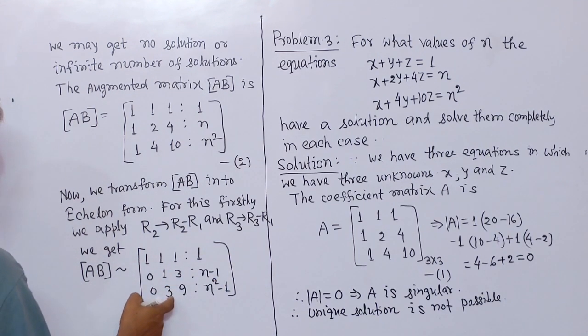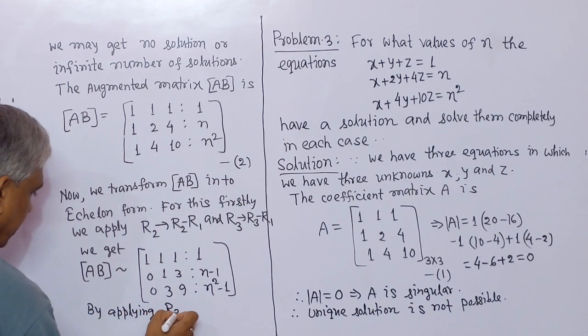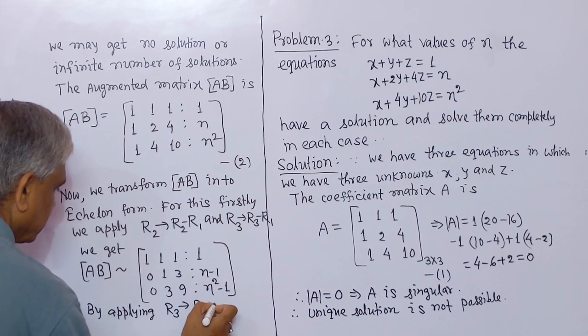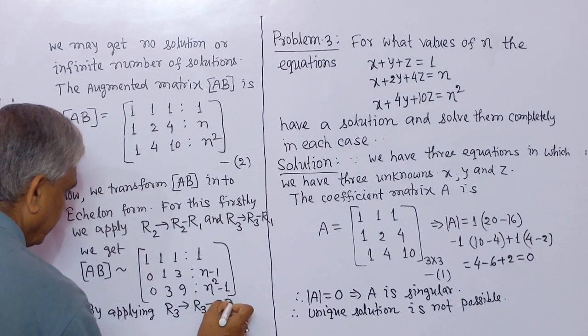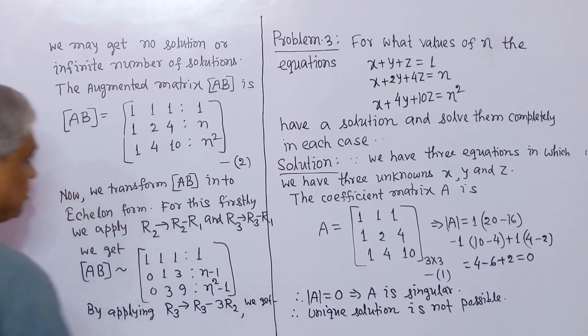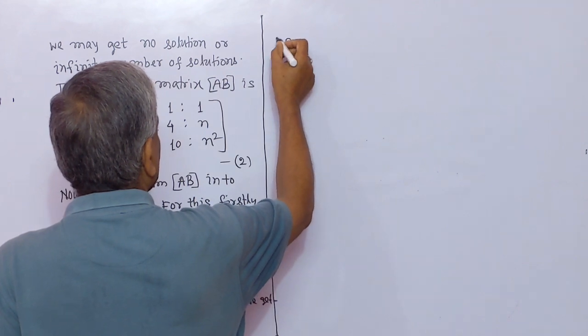Now here we have to make 0. So by applying, in place of R3, R3 minus 3R2, we get the equivalent augmented matrix.